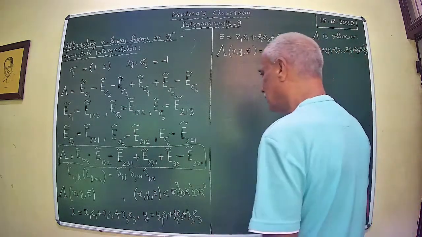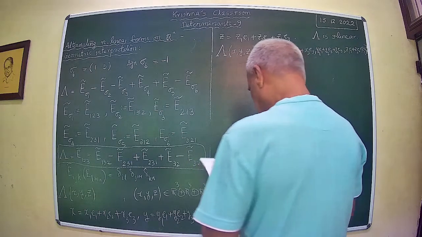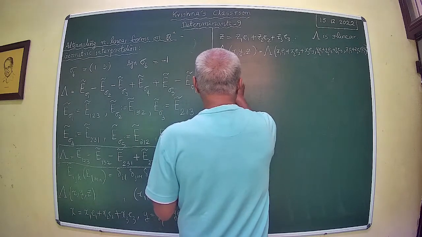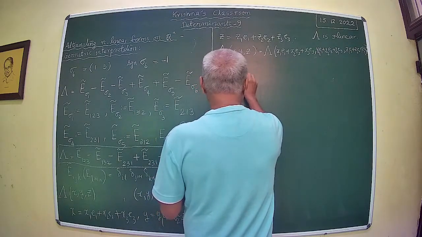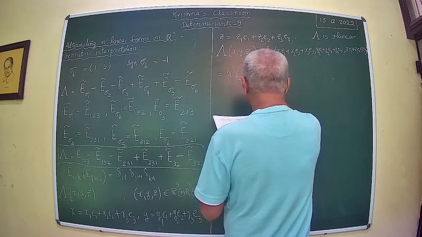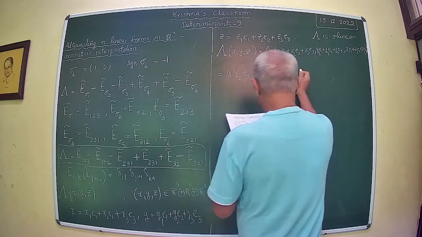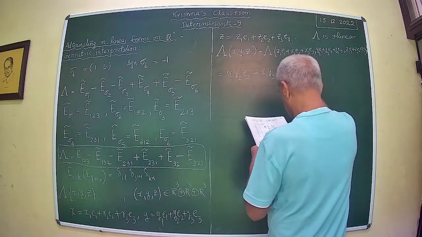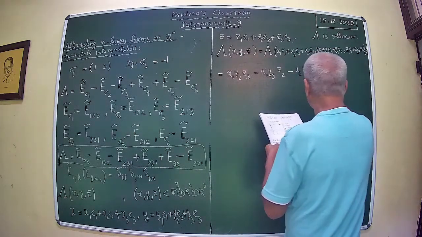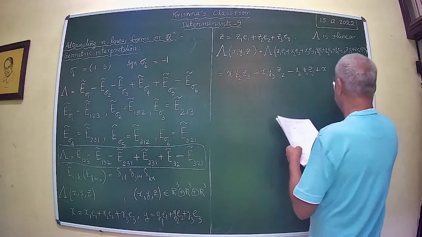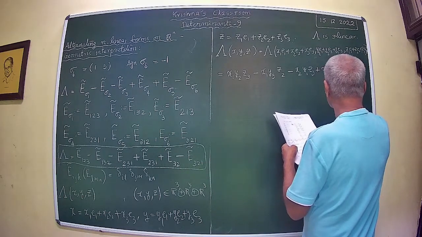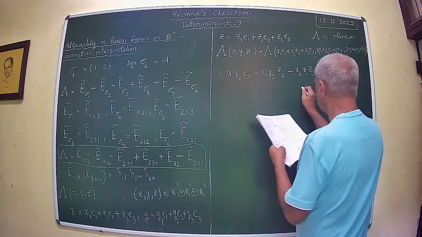Using such facts, this expands to x1 y2 z3 minus x1 y3 z2 minus x2 y1 z3 plus x3 y1 z2 plus x2 y3 z1, then you have plus the remaining term.